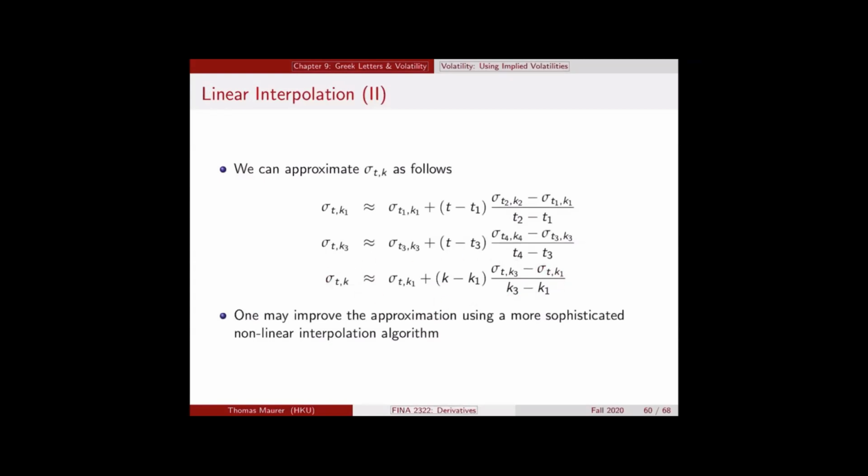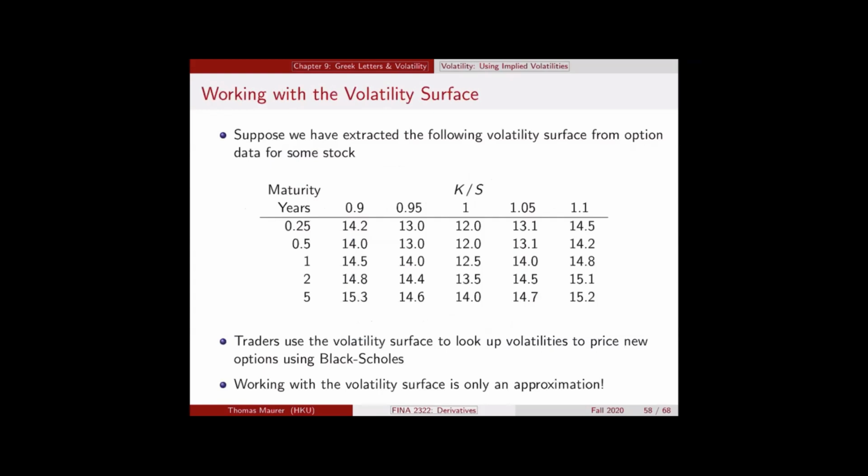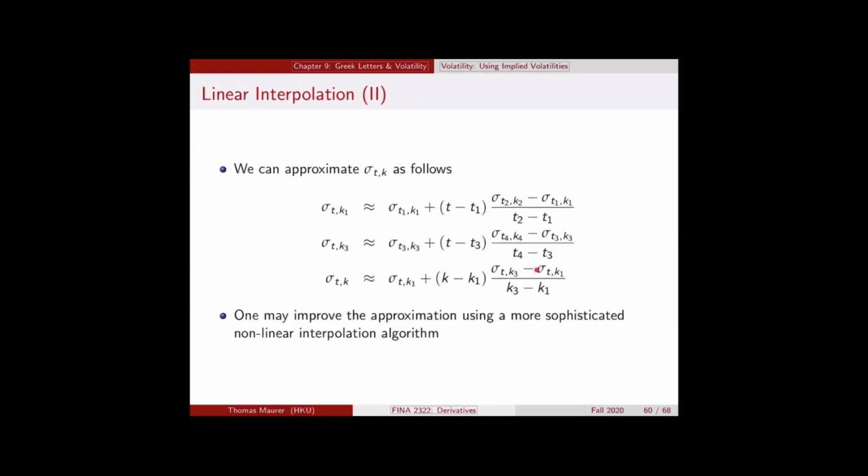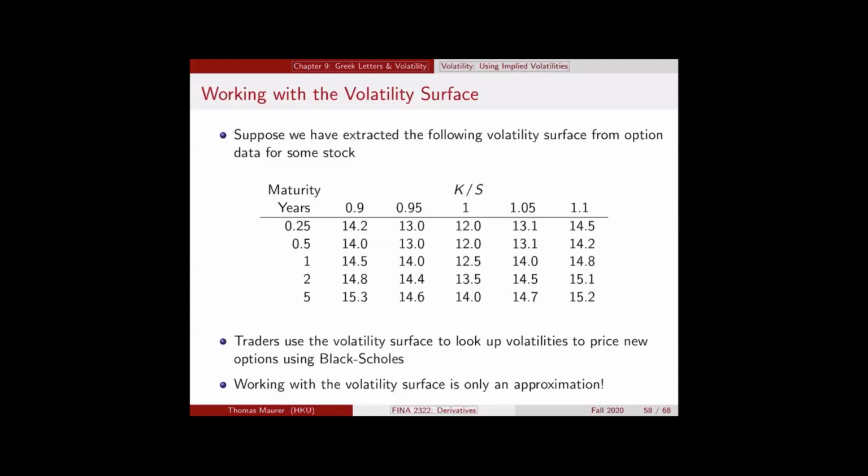Take the implied volatility of the option with the smaller moneyness, so a moneyness of 1.05, 2 years left to maturity, that's this 14.5%. Add to that the slope between this volatility point and this volatility point with different moneyness.